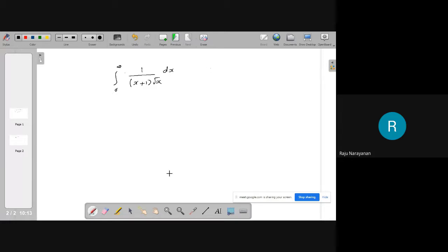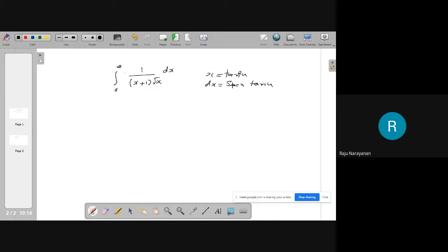Okay. x is equal to tan u. Therefore, dx is equal to secant u tan u. Okay, x is equal to tan square u will be good, I think.